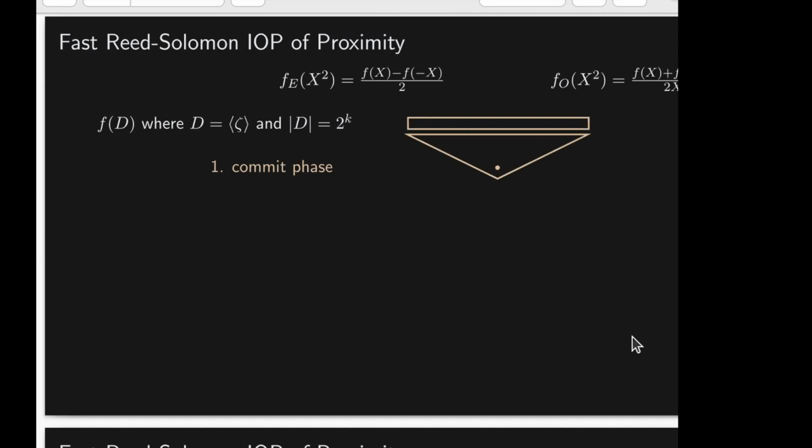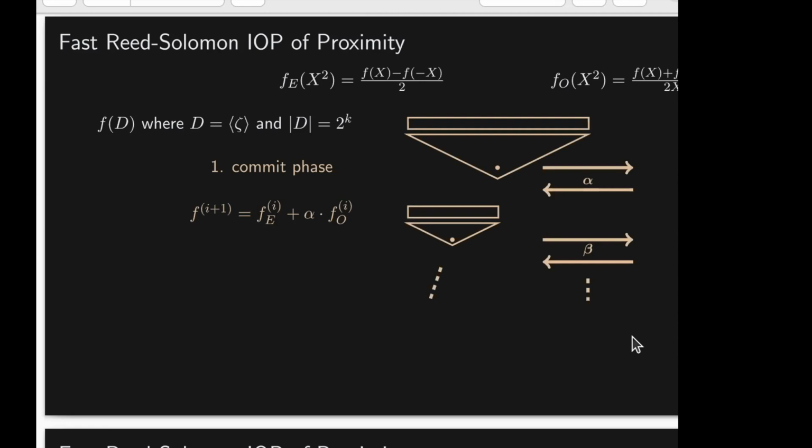And we're going to do this over and over and over again, because the commit phase is actually a whole bunch of rounds in which we send one root to the verifier, get back randomness, and use this randomness to fold the two halves of the polynomial together. In other words, we compute a random linear combination of the polynomials of even and odd coefficients, respectively.